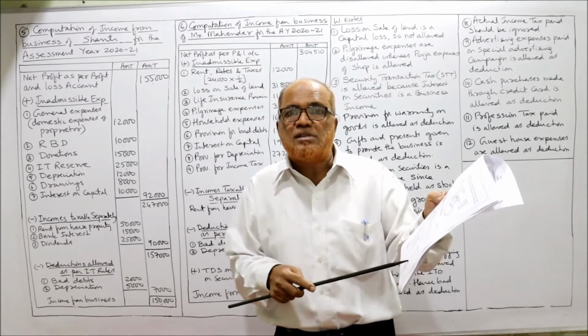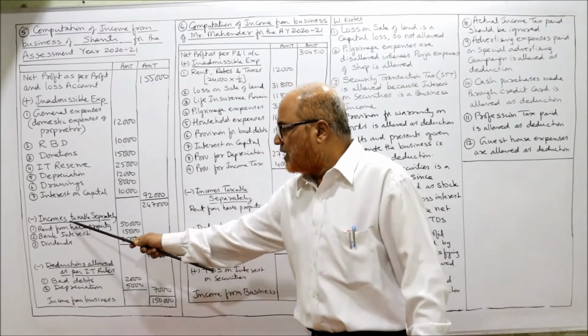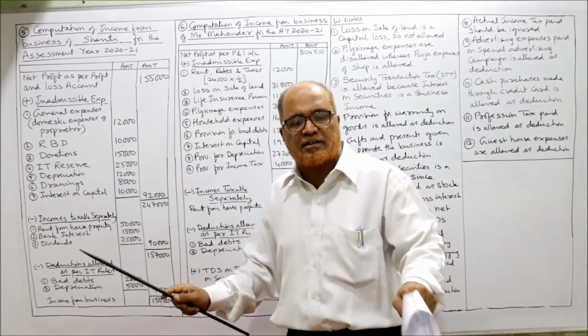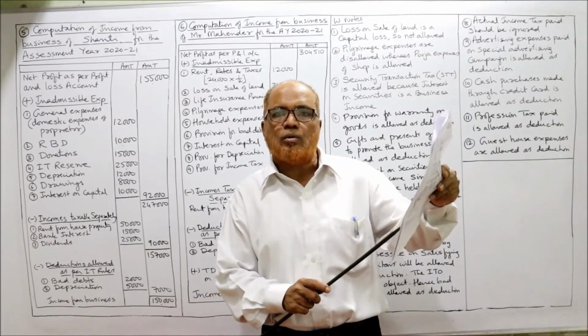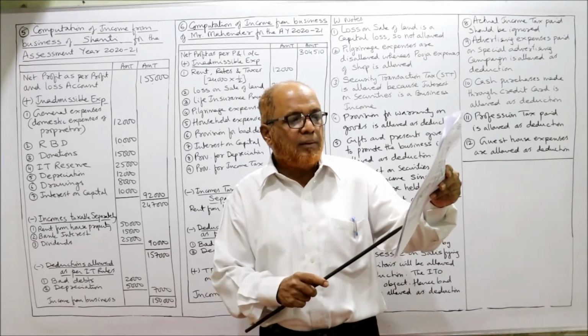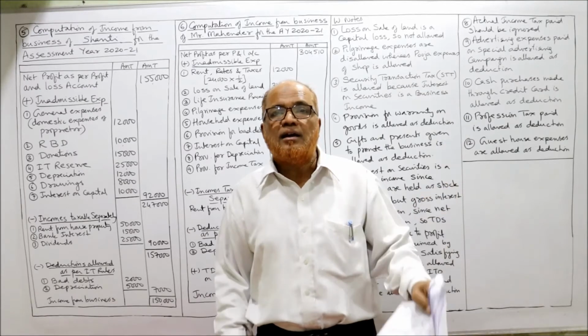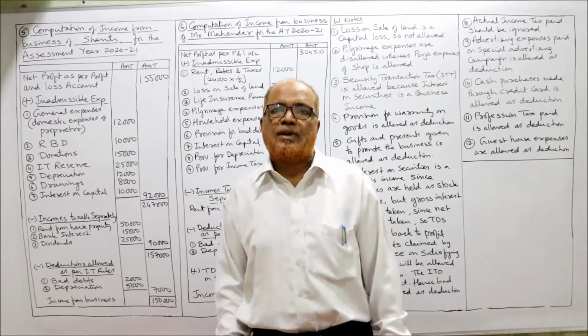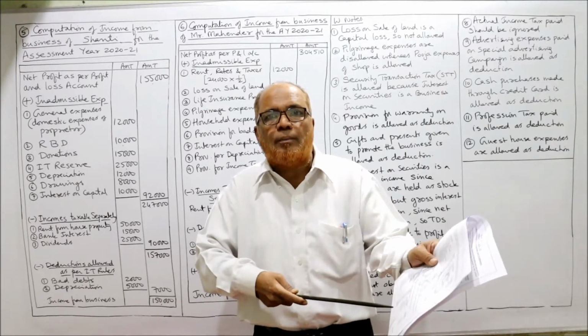It is not a business income, so we deduct. Incomes taxable separately. Rent from house property 50,000, deduct. Second, discount. Discount is a business income. Then bank interest. Bank interest is taxable under income from other sources. It is not taxable under business income.